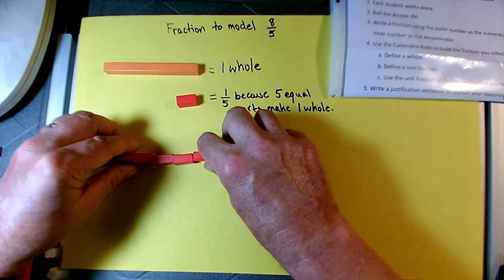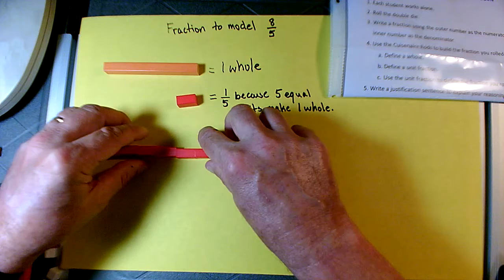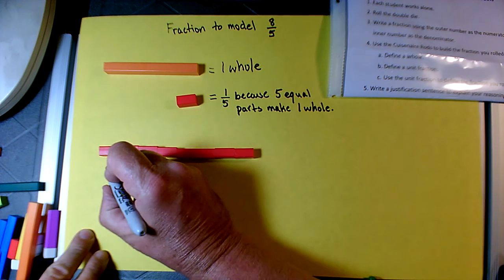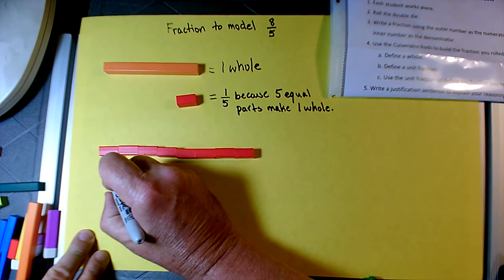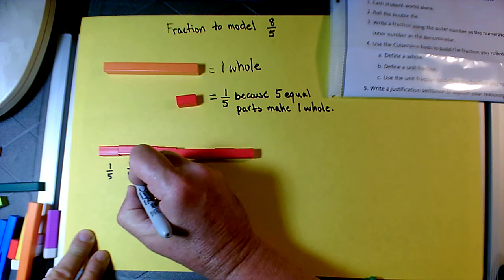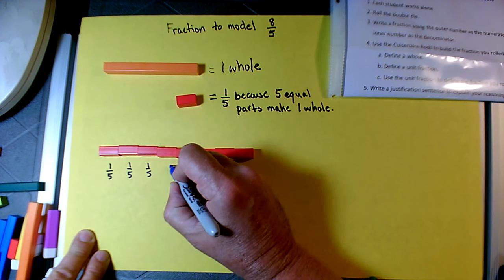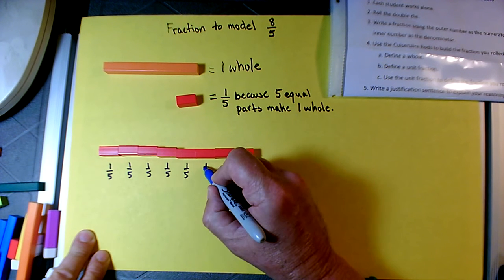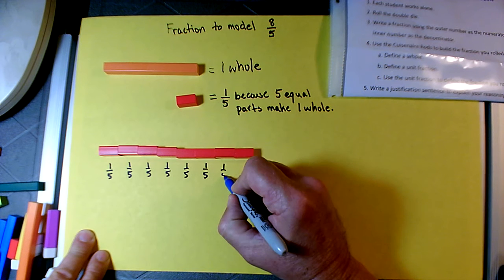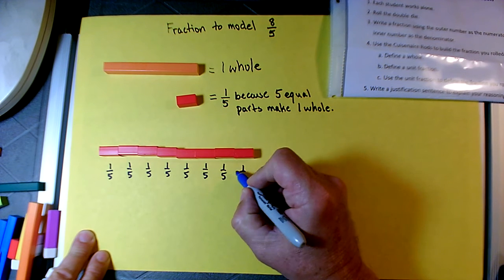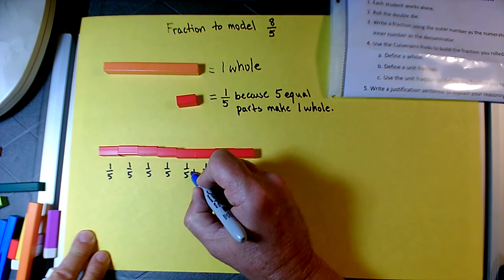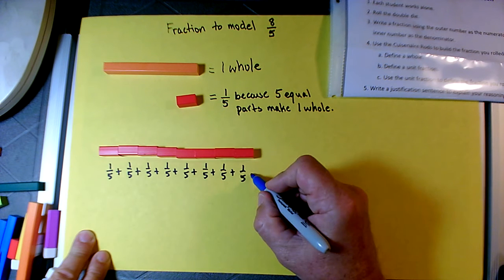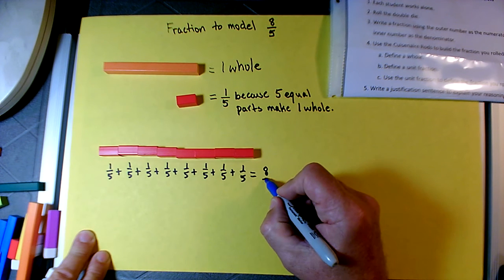And now what I have is, this is 1/5, 1/5, 1/5, 1/5, 1/5, and so on. And if I add these all up, this is equal to 8/5.